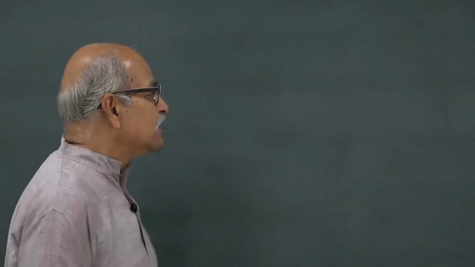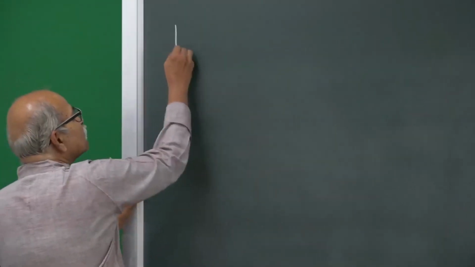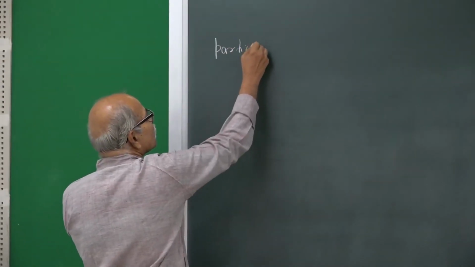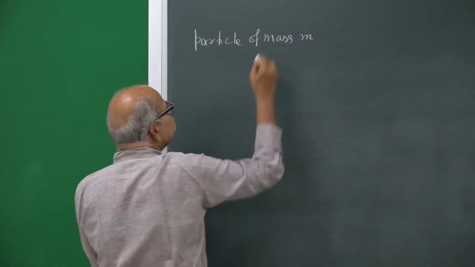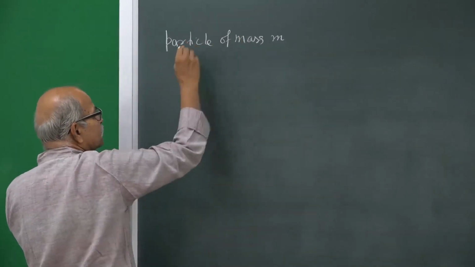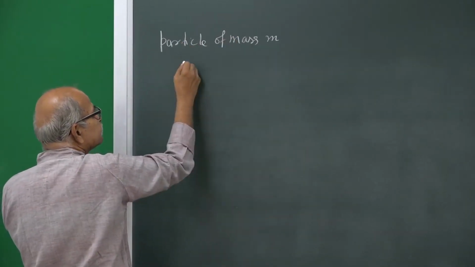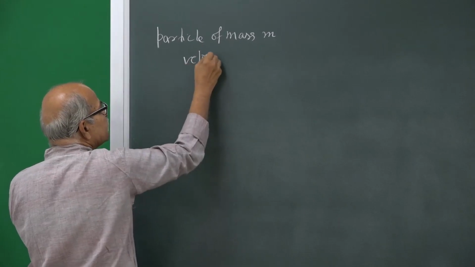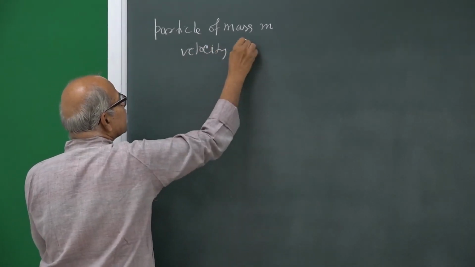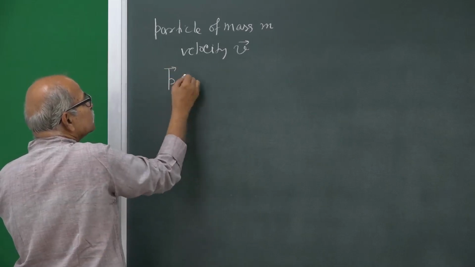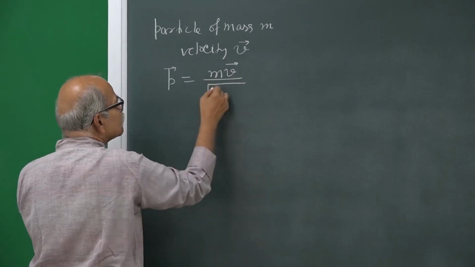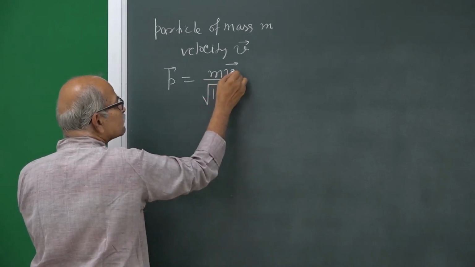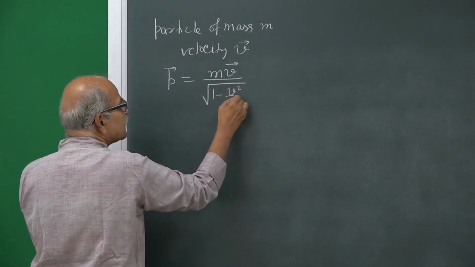And as we had seen, if you have a particle of mass m, and it goes with a velocity, let us say v, and then we define a quantity p which is mass times velocity, divided by square root of 1 minus v square by c square.